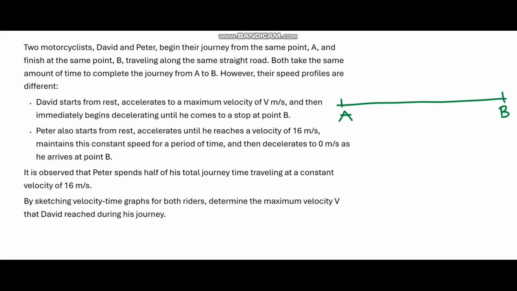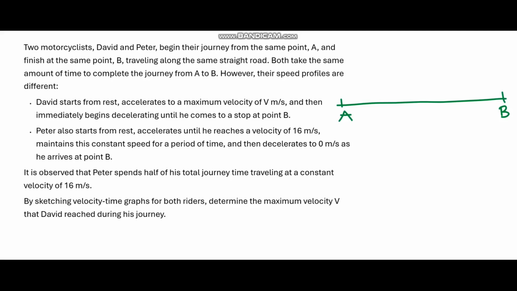at B. Peter also starts from rest at the same time, accelerates until he reaches the velocity of 16 meters per second, maintains this constant speed for a period of time, then decelerates to 0 meters per second as he arrives at point B where he comes to a stop.